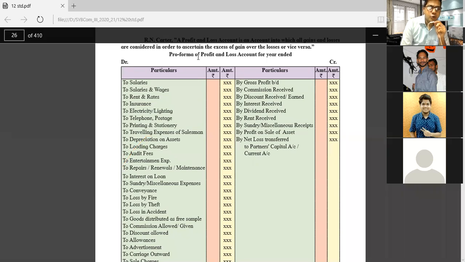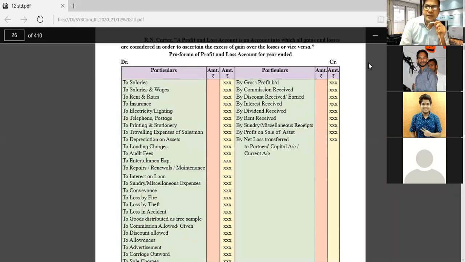Then after that, loading expense charges. Is there any loading charges? That also we have to record in our debit side. Audit fees, if the audit fee is there, auditors are appointed, and an auditor is a person who checks and investigates all the books of record.